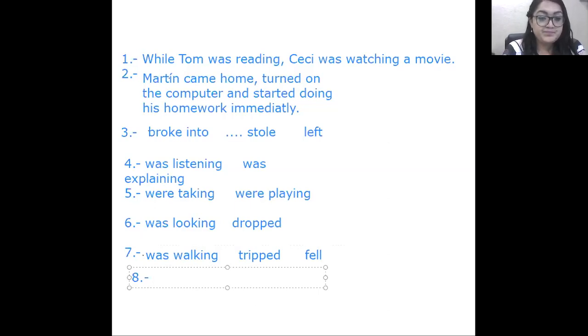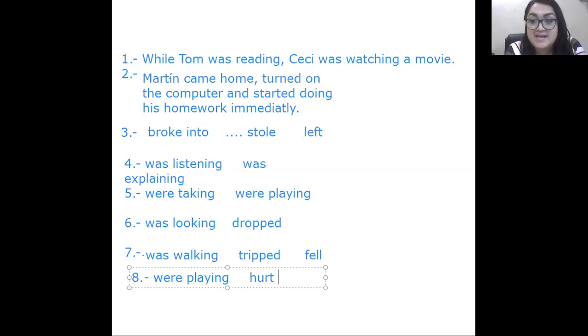We were playing, nosotros estábamos jugando volleyball when she hurt her knee. Hurt doesn't change. El verbo hurt es siempre hurt, ¿ok? Ese no tiene cambio en regular o irregular, ¿ok?